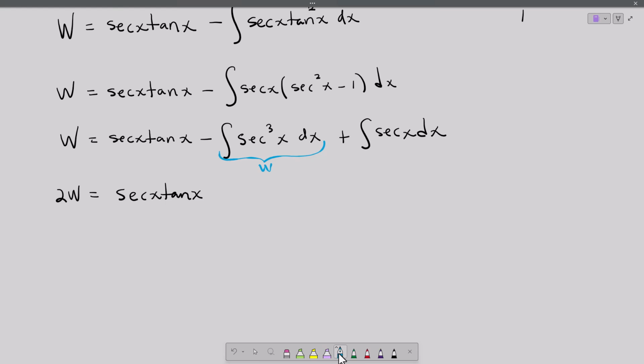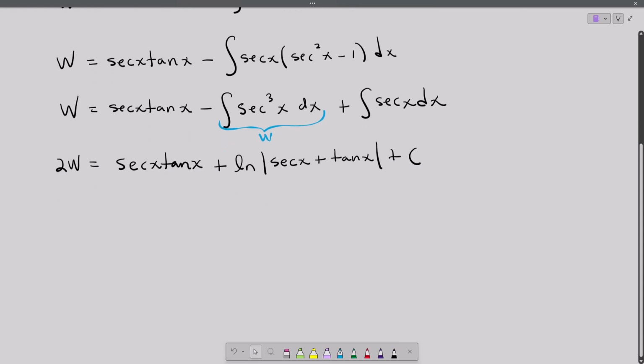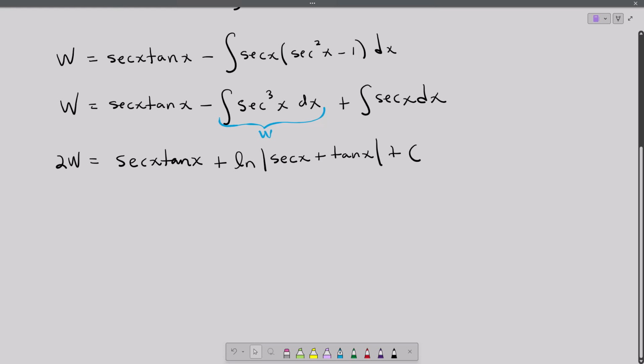And we just talked about the integral of secant. The integral of secant is natural log absolute value of secant plus tangent, plus c. And then our final step is to divide out the 2. So we have to isolate w.